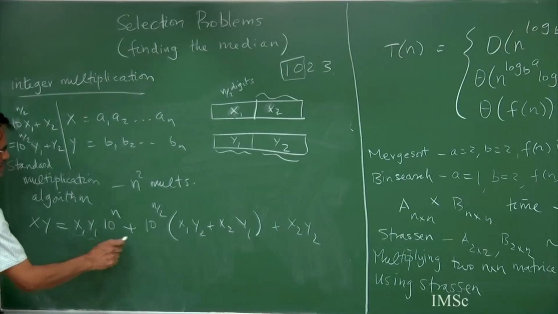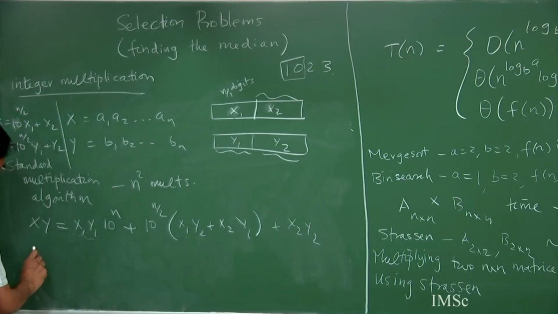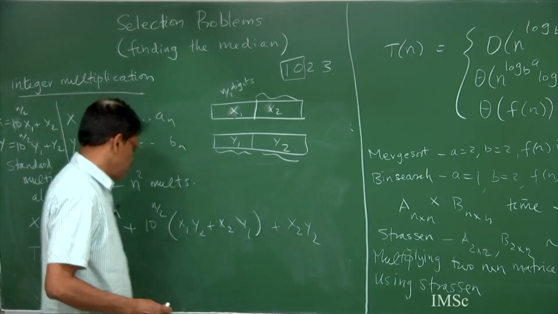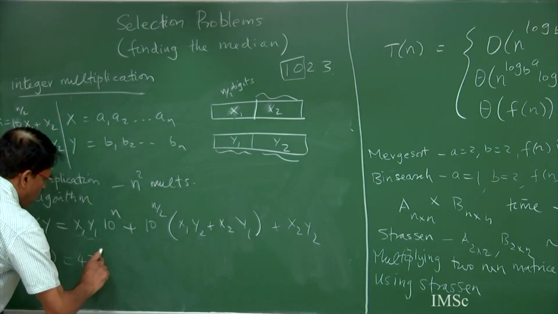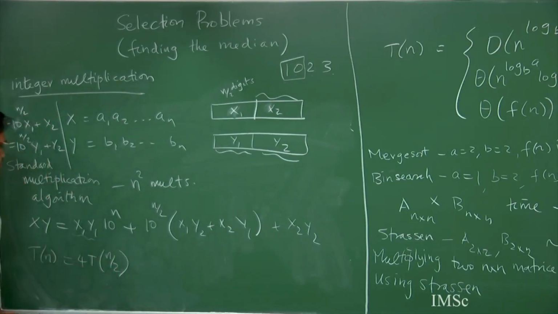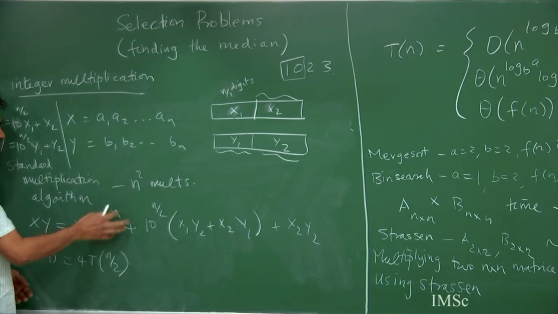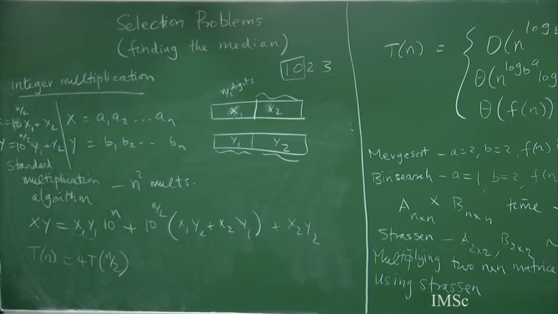If I compute all of these recursively, then my T of n would have how many n by 2 digit multiplications? 4, right. 1, 2, 3, 4. I mean this 10 power n multiplication, ignore, it is all some shift.